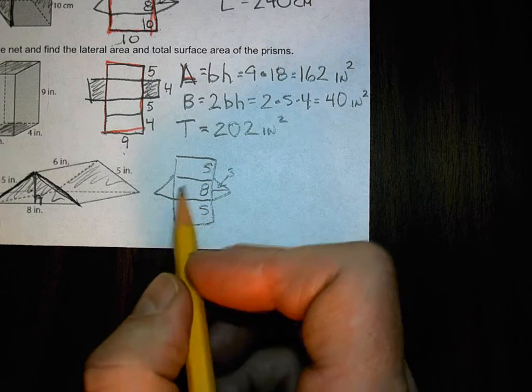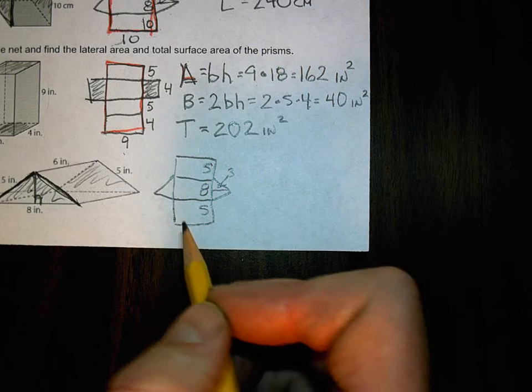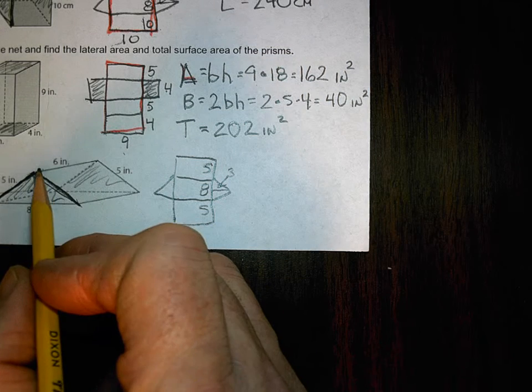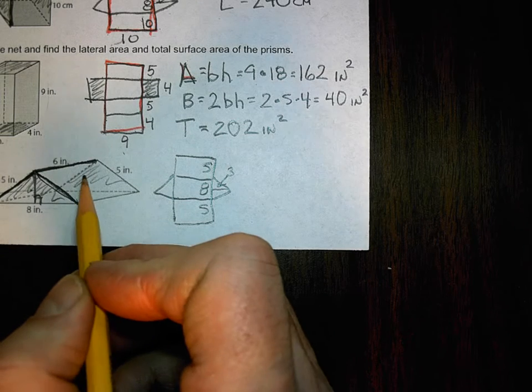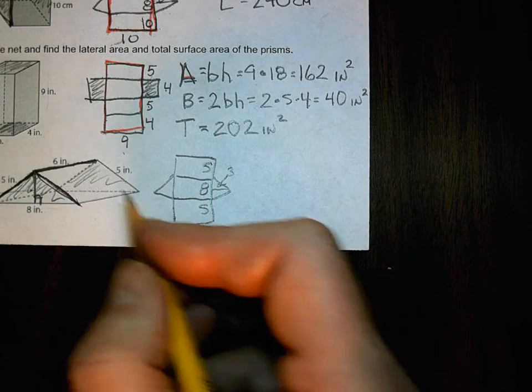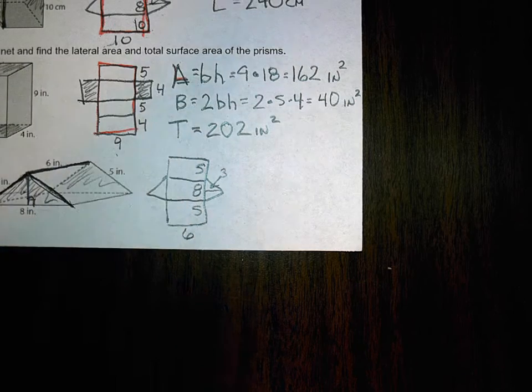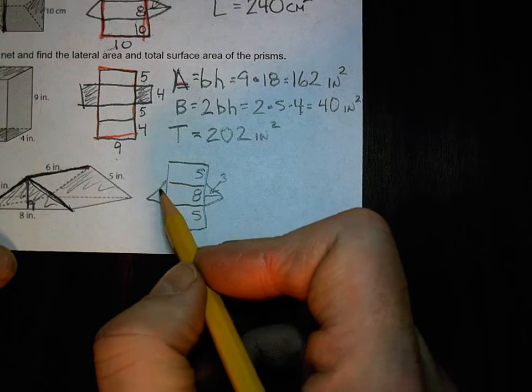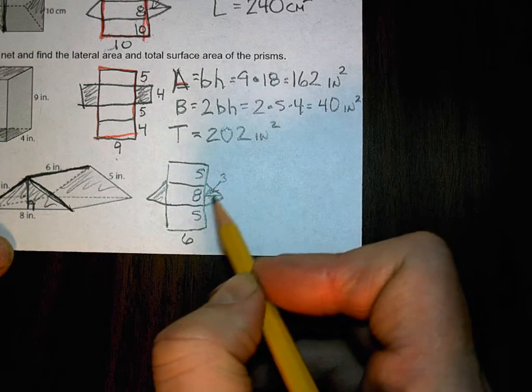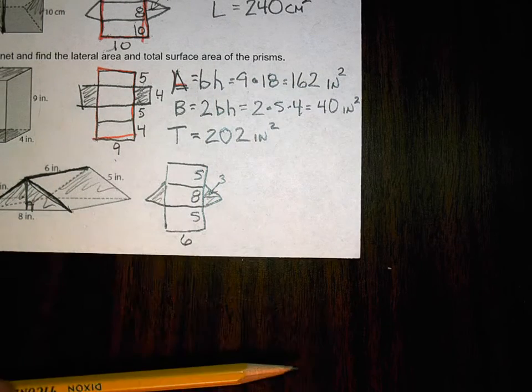And the last thing I'm using is the height of the prism, which is the length that connects the two triangles. And that's 6. At this point, I've got a lovely diagram. I've got two bases, they're my triangles, and I've got one big large rectangle.